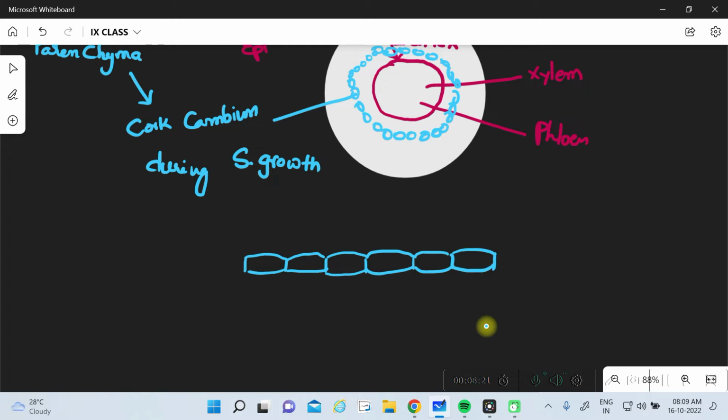Like this, you will see an entire circular strip of cork cambium inside the cortex of stem and root. Now what happens? This cork cambium divides periclinally. Periclinally means the division parallel to the ground.